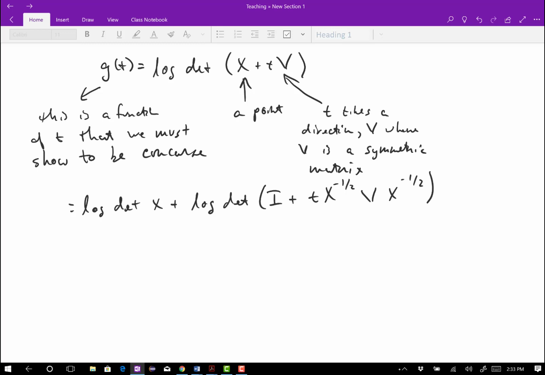I'll derive that shortly. This is equal to log det x plus the sum of i ranging from 1 to n of the log of 1 plus t lambda i.